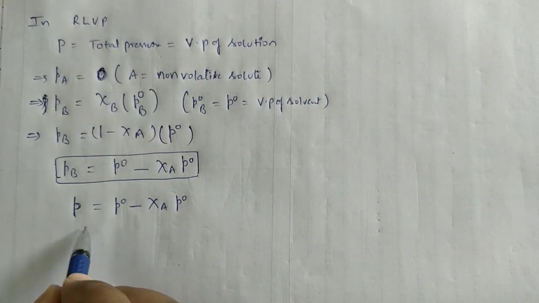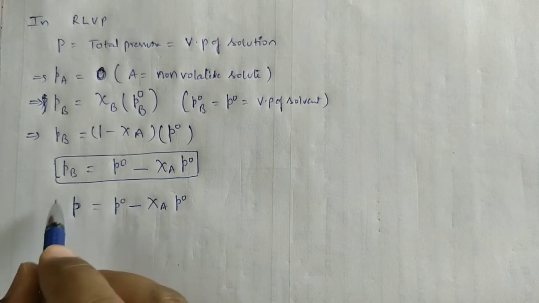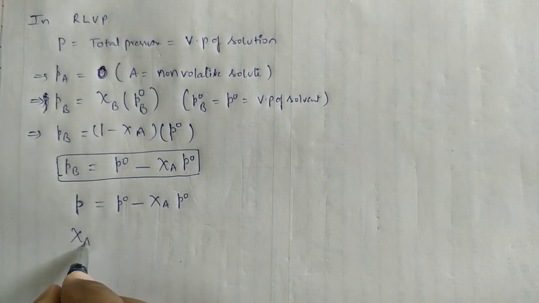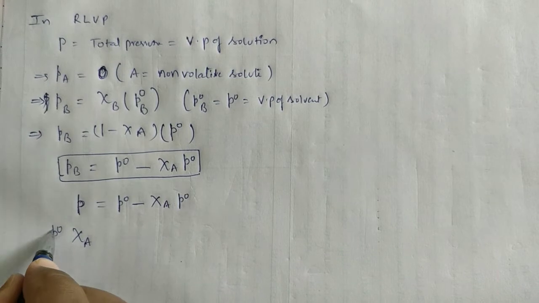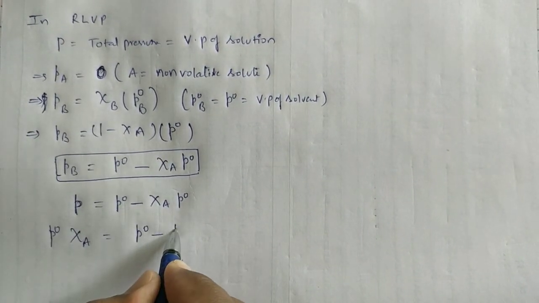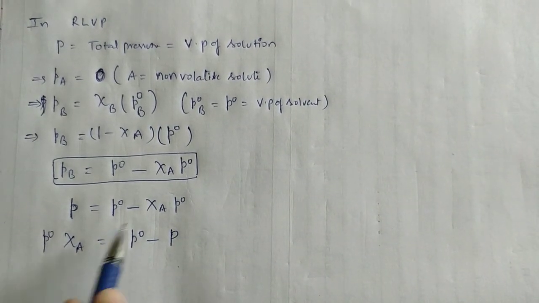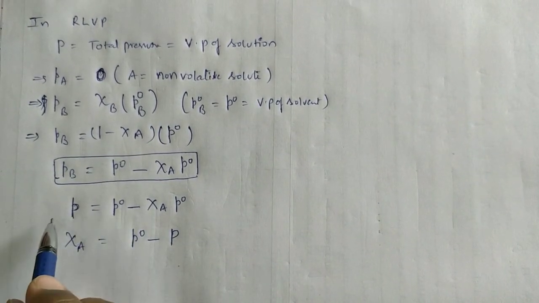This P value let us send that side, and this total value will become here. Then minus value will become plus only. Chi a into P naught is equal to P naught minus P. P naught into chi a, this value I brought here, minus will become plus.